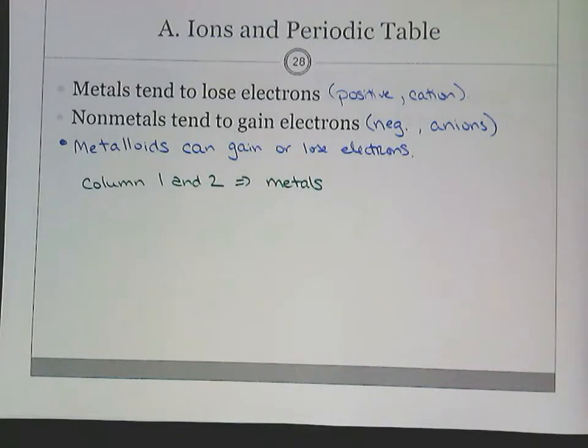If we look over to the other side, just about all of column 16 and most of 17, those guys are nonmetals. It's actually where this big blue solid line is, so you can see it's like a triangle. That's boron, silicon, arsenic, tellurium, astatine, and up that triangle right there.